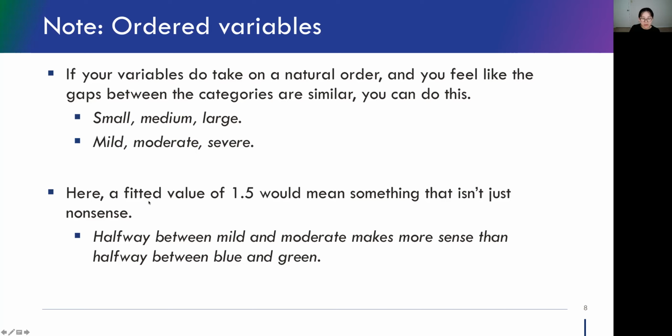In this case, a fitted value of 1.5 would mean something, not just nonsense, because 1.5 might be halfway between mild and moderate. So this is acceptable if you know the gaps between the categories are similar.